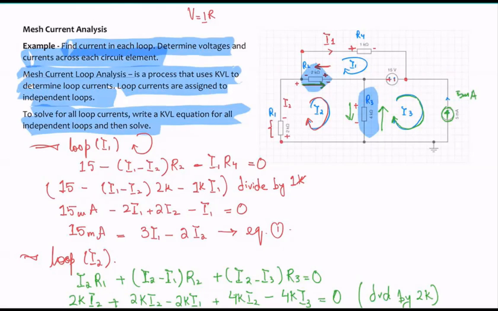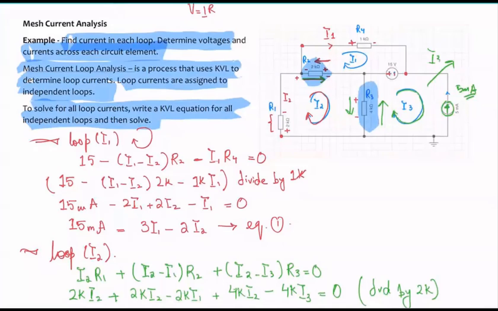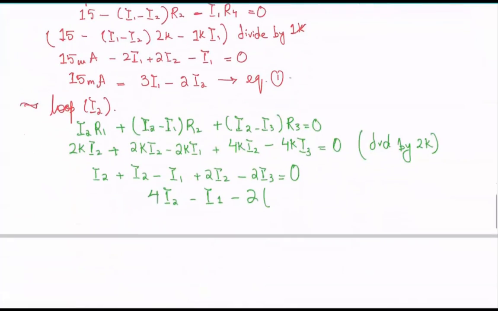Now remember, whenever you have a current source within an independent loop like this, the current flowing in that loop is going to be what the current source gives. And because this is 5 milliamps, I3 is going to be 5 milliamps in this loop.